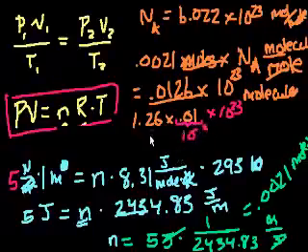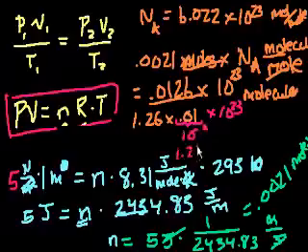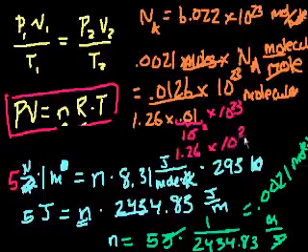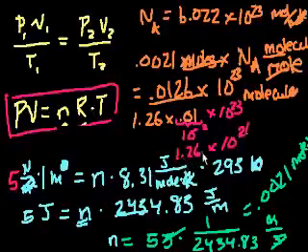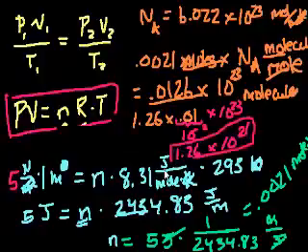So then we get 1.26 times 10 to the negative 2 times 10 to the 23, we add the exponents, 10 to the 21st power. So roughly 1, 2, 6, and then another 19 zeros, or roughly 1 followed by 21 zeros, is how many molecules of, in this case, helium we had in the balloon.